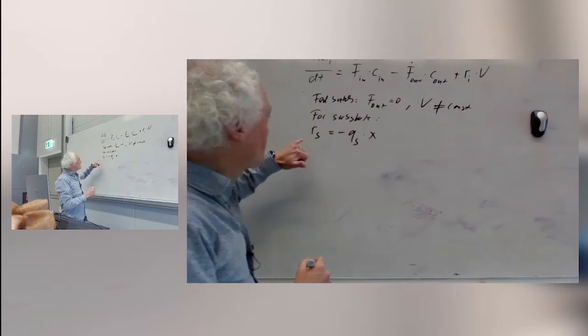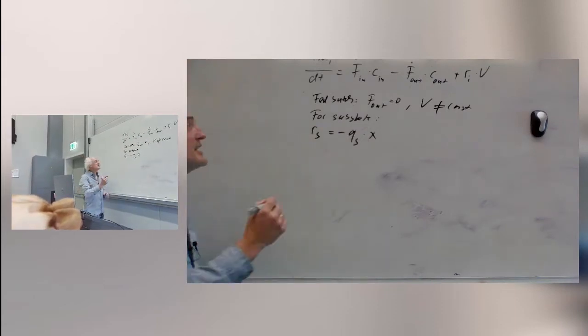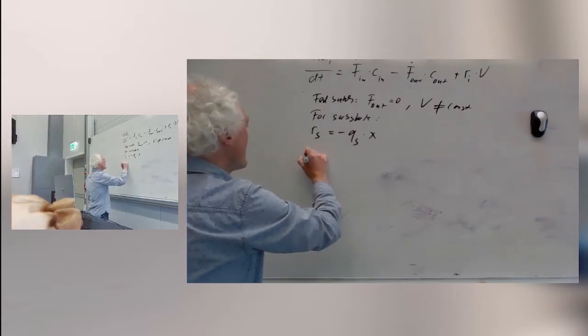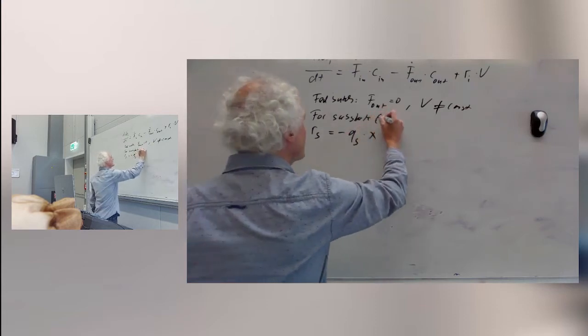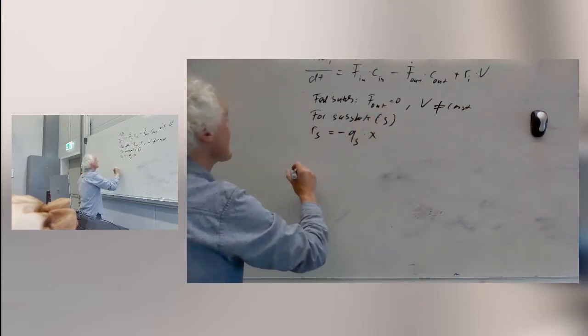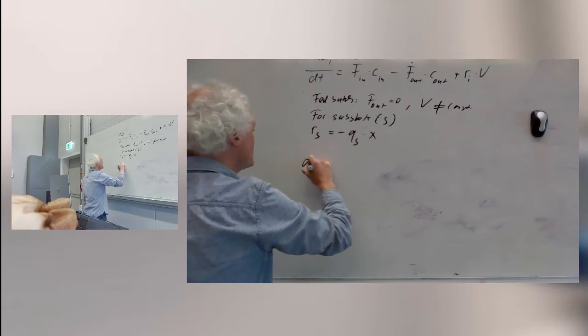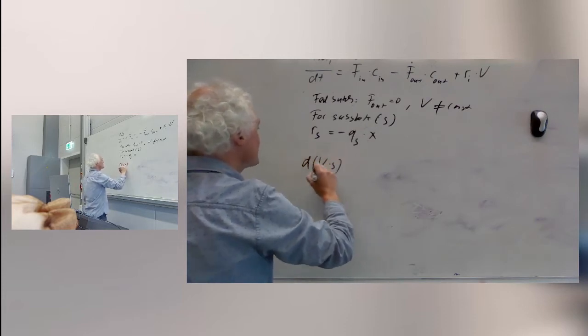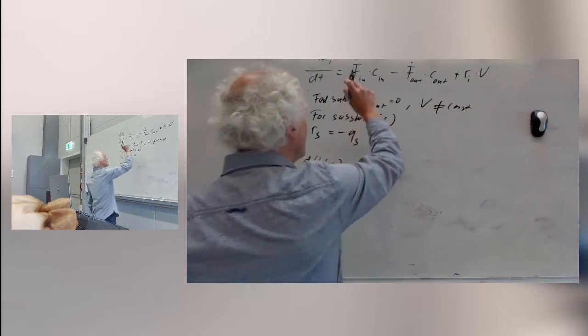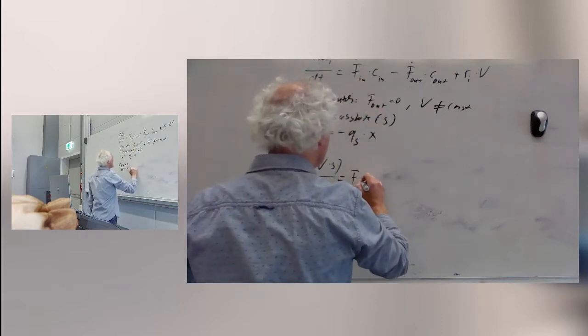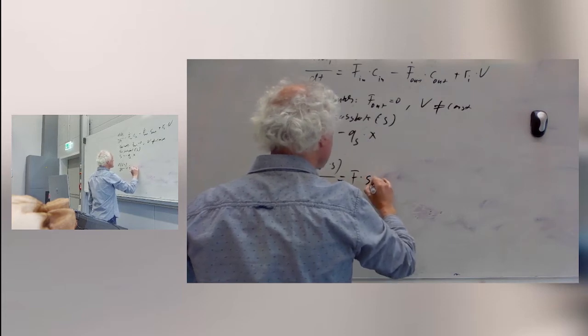Okay, so let's put here our differential equation for our substrate. And the substrate concentration is the small s. So I have d(V times S)/dt is equal to F times S in.